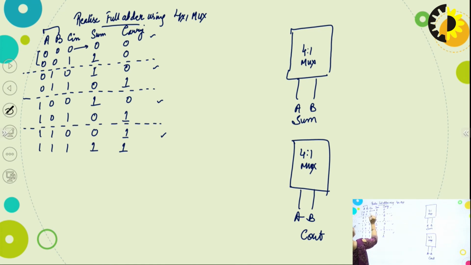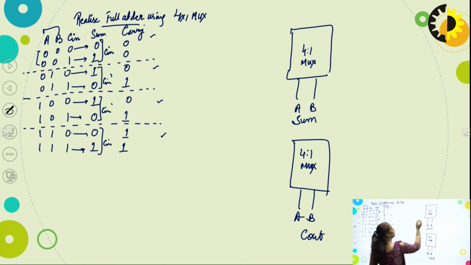For 0 it is 0, for 1 it is 1, so we have C in. For the next pair, we can see that they are inverted values, so C in bar. Again inverted values, C in bar, and then C in.